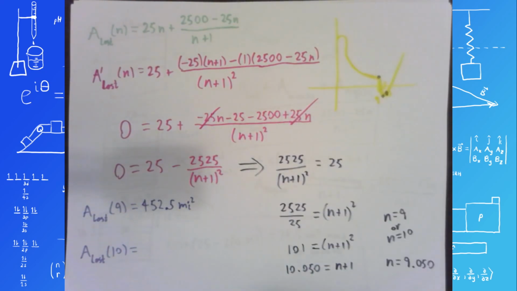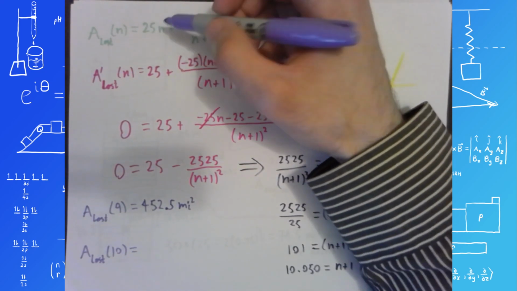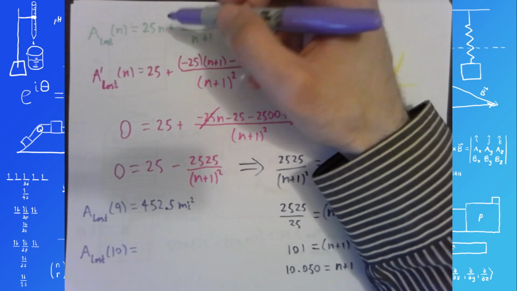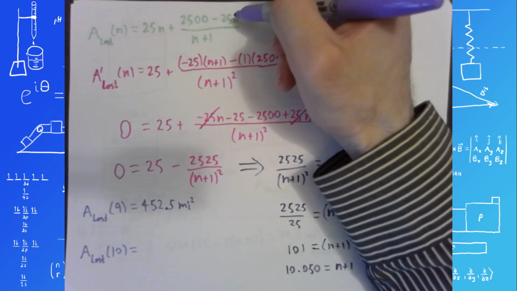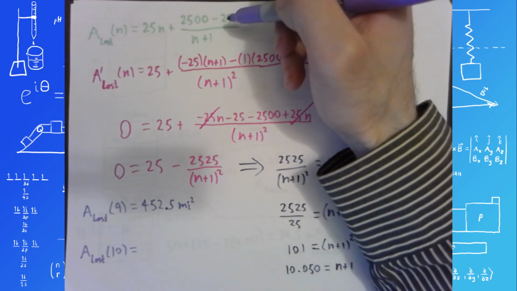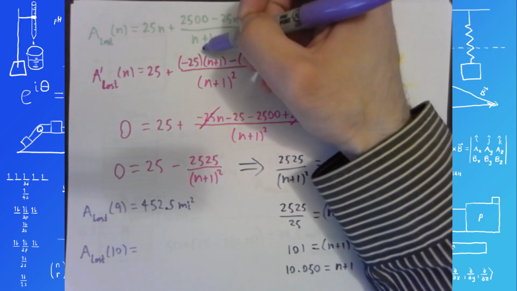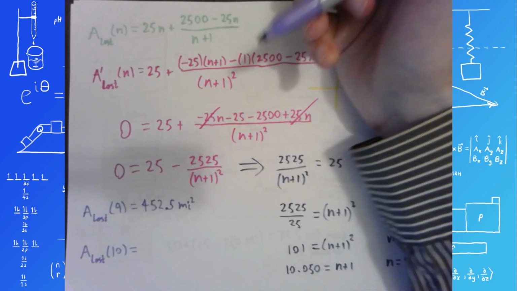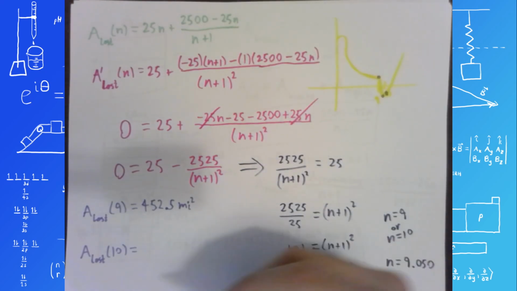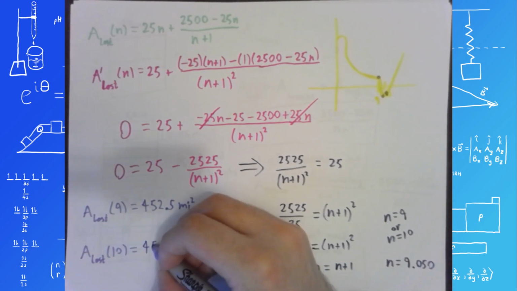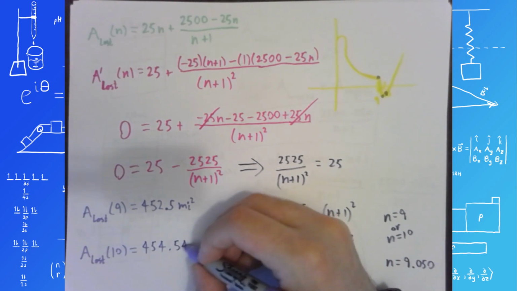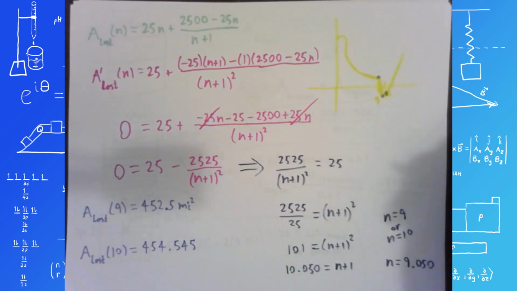lost in total, versus if I do 10, 25 times 10 is 250 plus fraction 2500 minus 250 over 10 plus 1 is 11, and that's 454.545.